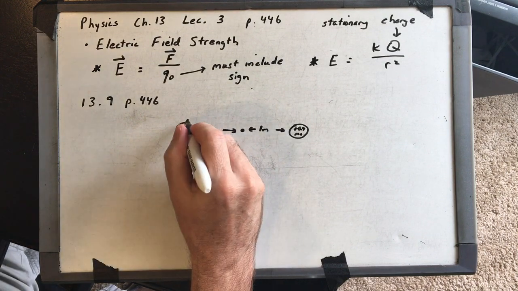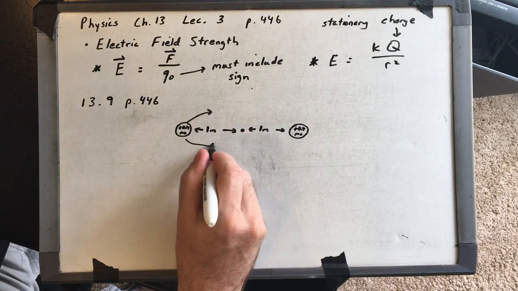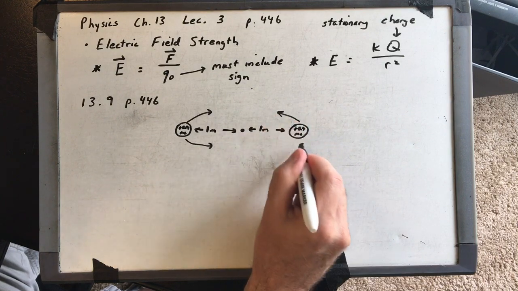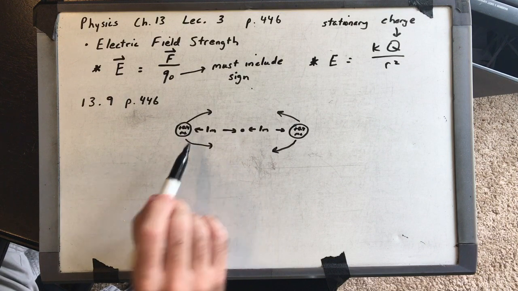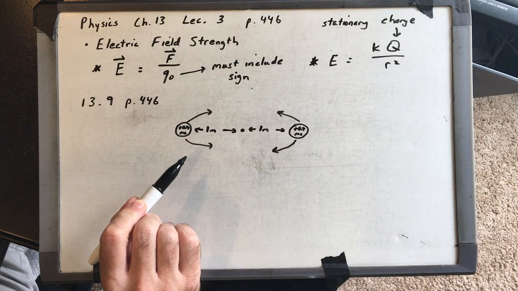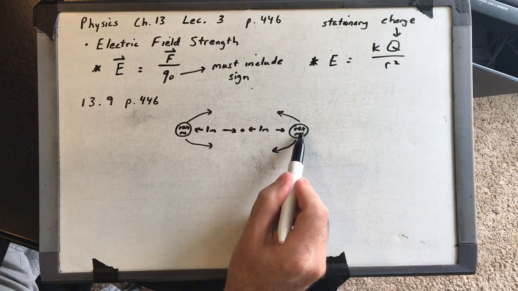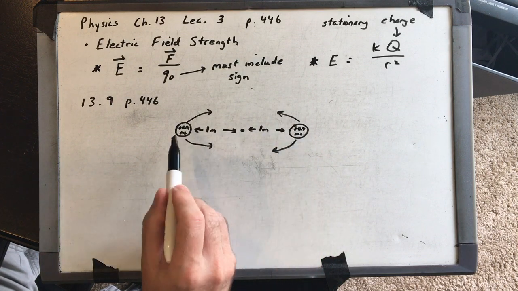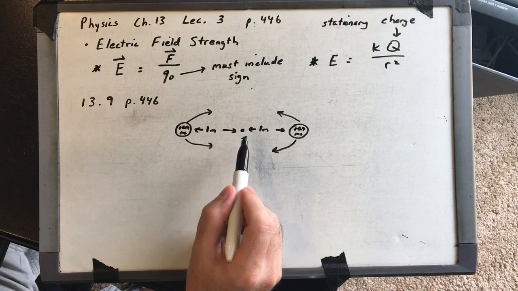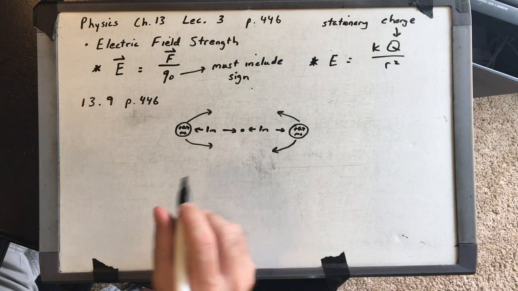Well, what's going to happen is these electric fields are going to cancel out. They're going to be exactly the same, but the direction of the one on the left will be a field that is going to the right, and this charge will send an electric field that's going to the left, and because they're the same distance and the same charge, the electric fields will cancel out.